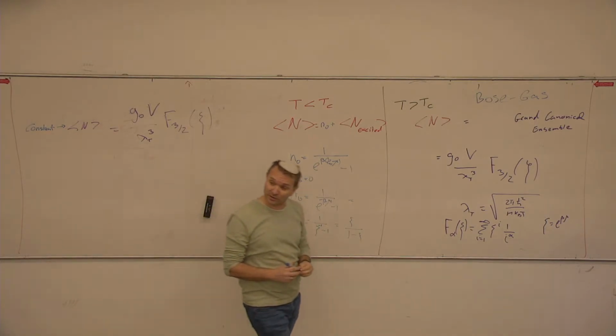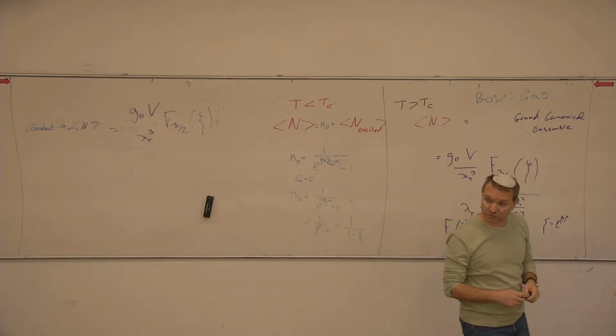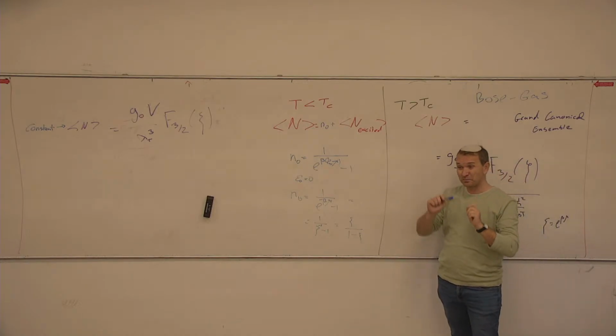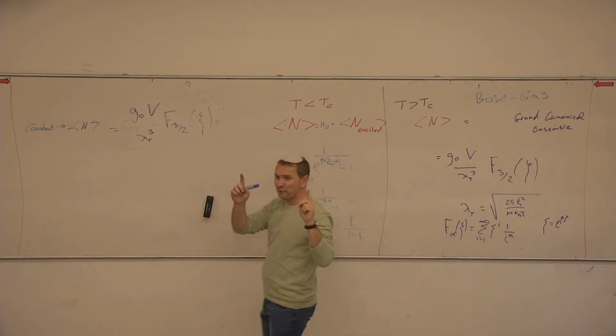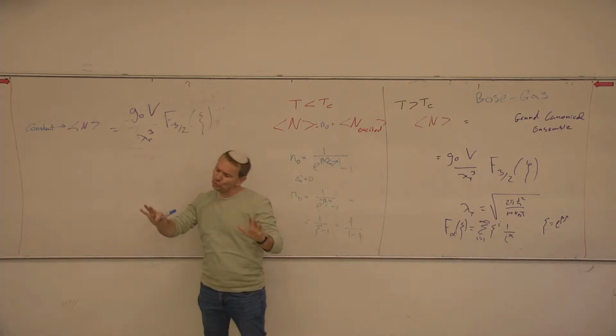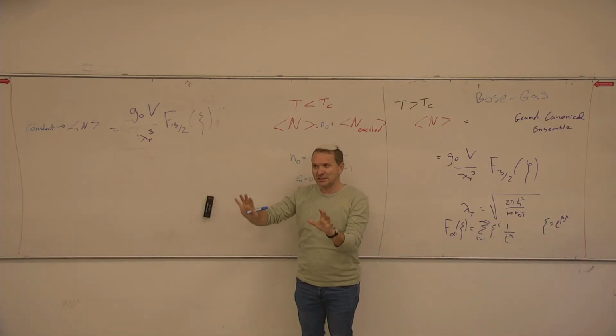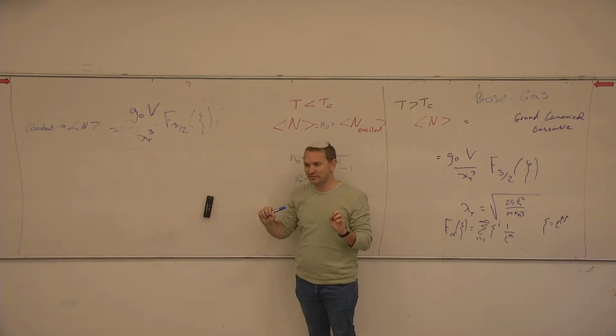For each number of particles, you're going to have a different critical temperature. It's not a phase transition per se, because phase transitions, we will return to them, occur due to interactions. Here, it's the mathematical meaning of what you have.